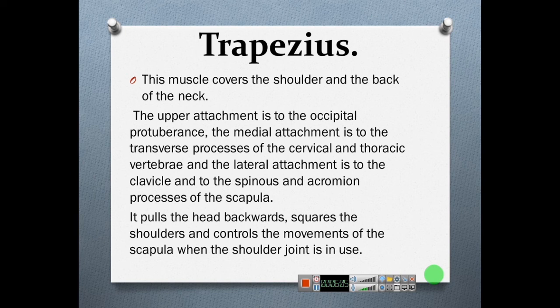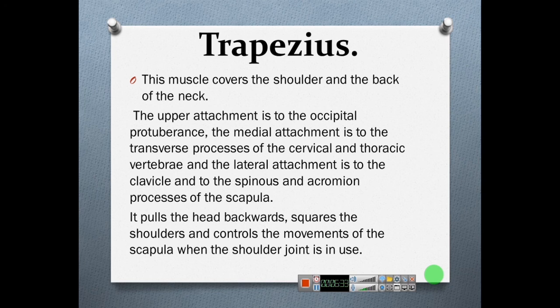The medial attachment is to the transverse processes of the cervical and thoracic vertebrae, and the lateral attachment is to the clavicle and to the spine and acromion process of the scapula. Can you remember where the acromion process of the scapula is?